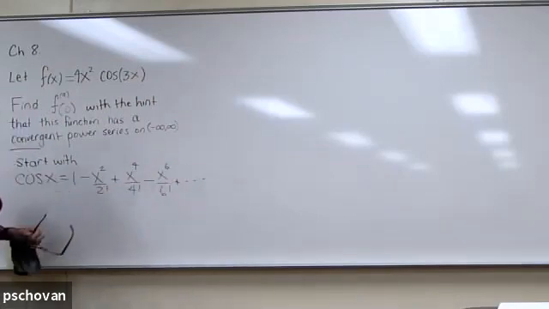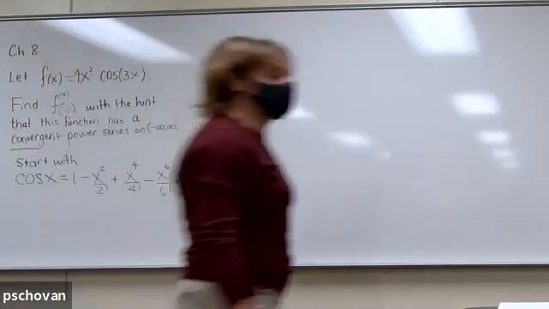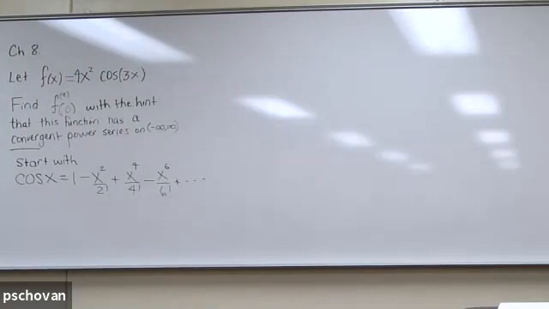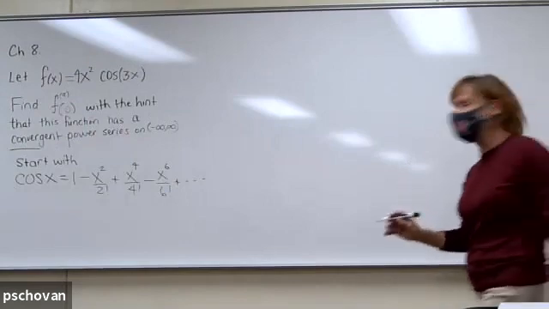I already don't think I need any more terms than that. If I do, it's easy enough to tack them on. Now I want to change that to the power series for the cosine of 3x. So my next step is to replace each x with 3x.